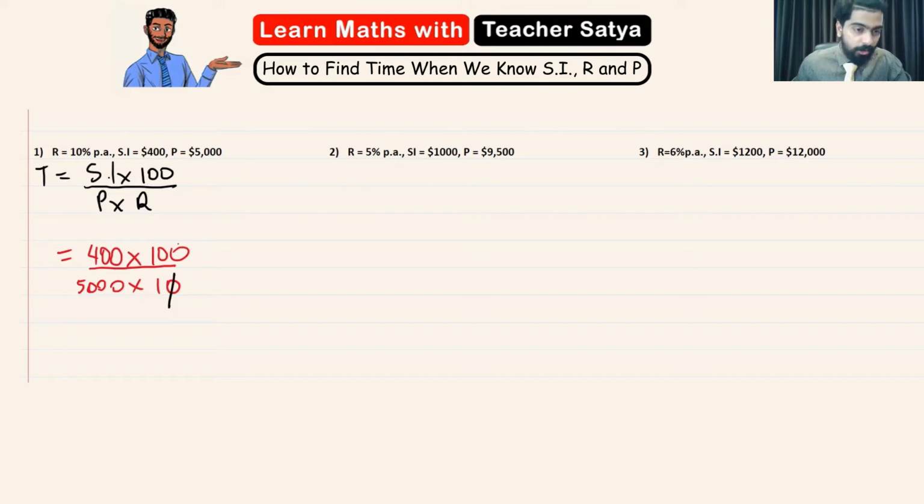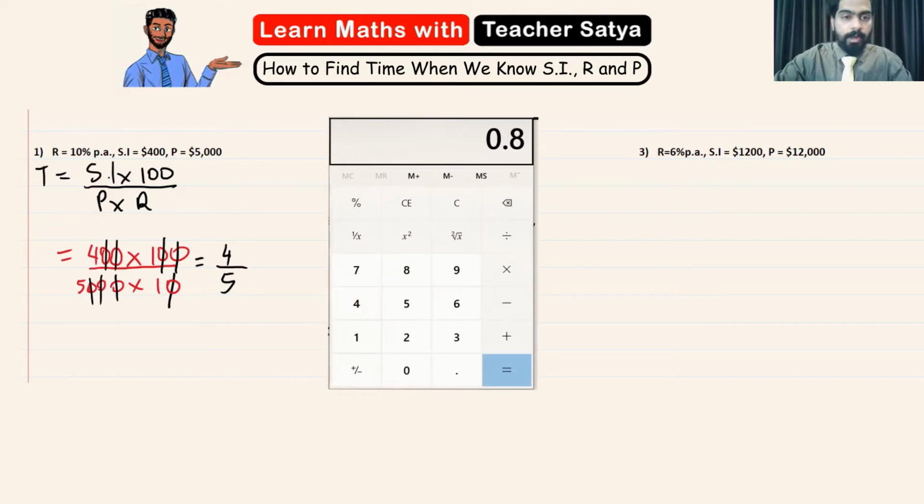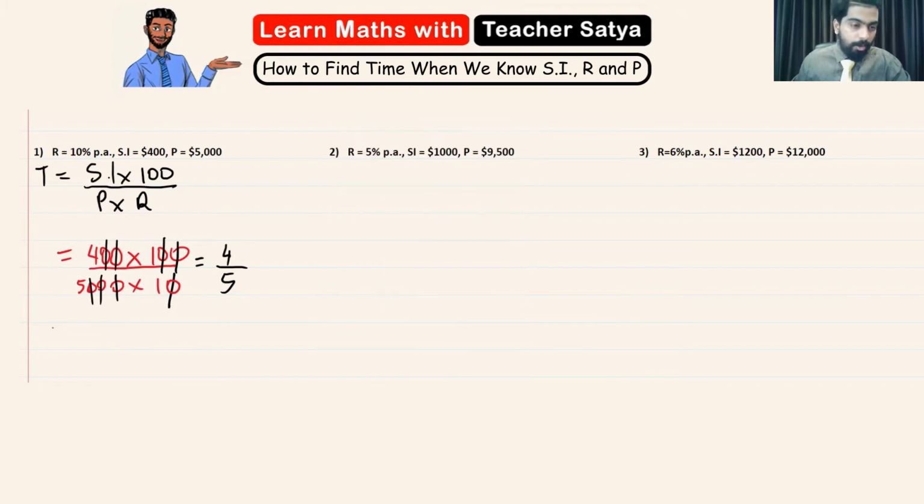So these two zeros and these two zeros are gone. So what we have now is 4 over 5, right guys? Now if we take 4 divided by 5, we would get 0.8 years, right guys? So 0.8 years. That is the time for this question.